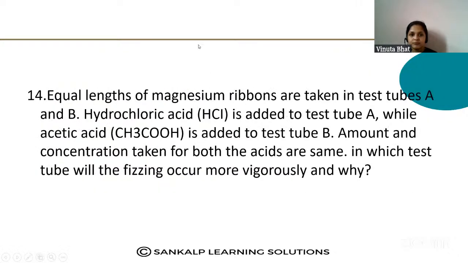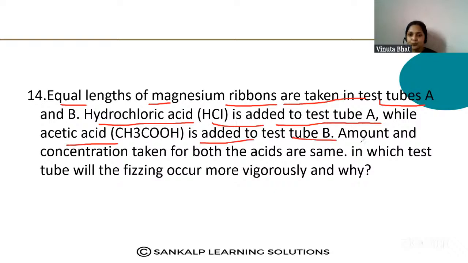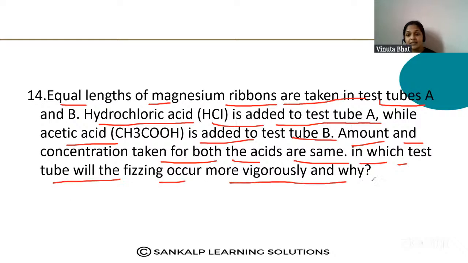Next question. Equal lengths of magnesium ribbons are taken in test tubes A and B. Hydrochloric acid is added to test tube A, while acetic acid is added to test tube B. The amount and concentration taken for both acids are the same. In which test tube will fizzing occur more vigorously and why?